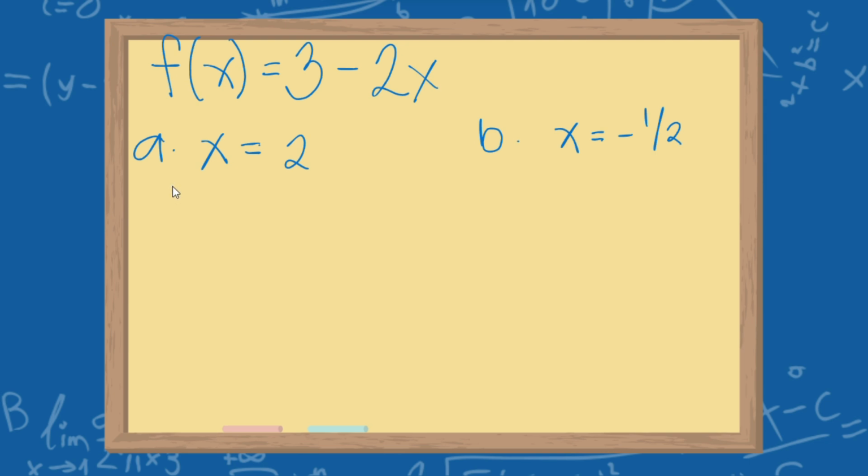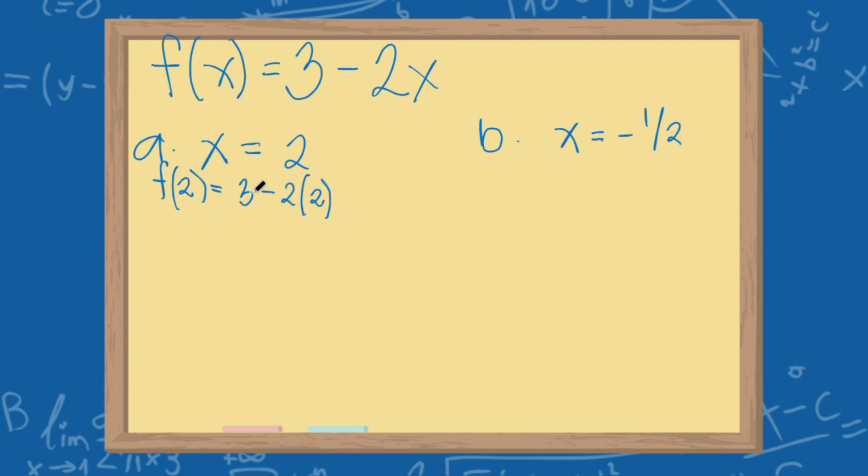So first we have to replace all the variables in the function, or papalitan natin lahat ng x na nasa function. And we will substitute with the given value of x, which is 2. So we'll have f of 2 is equal to 3 minus 2 times 2.